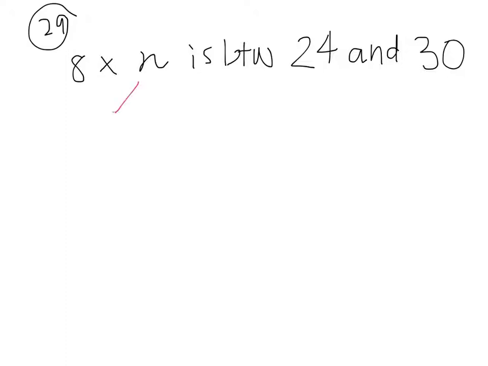Everyone? 3. And what number would give me 30? Or actually, what number would give me 32? 4, right? So I know that my answer has to be somewhere between what? 3 and 4, right? So there's a lot of different decimals that can fall between 3 and 4.